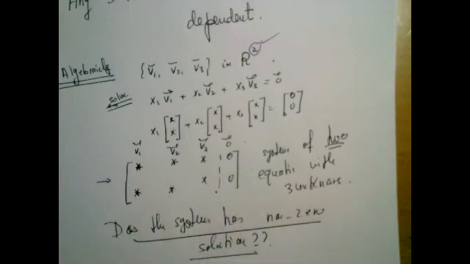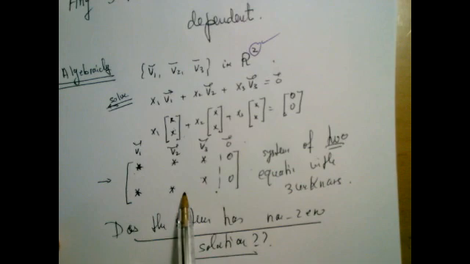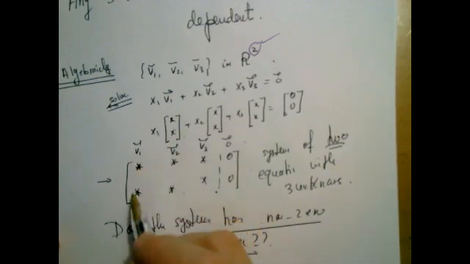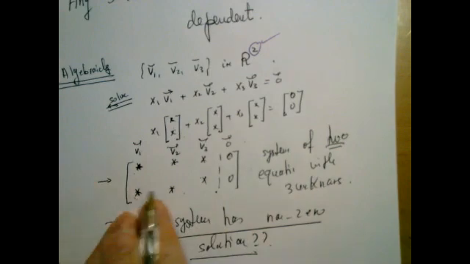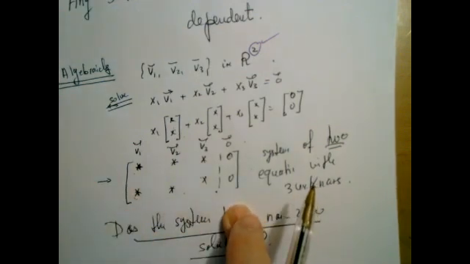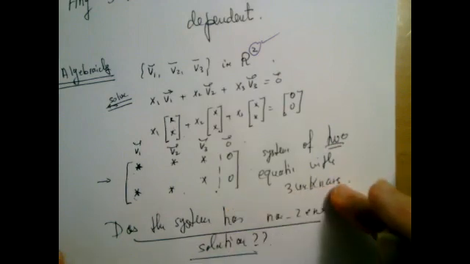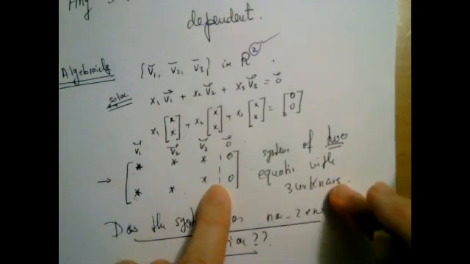Absolutely, we will have one. It doesn't have to be X3. Since I have a system of two equations, it means when I'm going to reduce, the maximum number of leading entries is going to be 2, because I have 2 rows, and the leading entry is the first entry in a row. So if I have 2 rows, I'm definitely going to have a free variable.